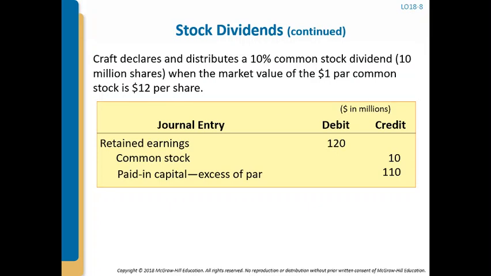So they're going to take the 10 million shares times $12 per share, 120 million, reduce retained earnings by debiting retained earnings for 120 million, credit common stock 10 million times $1 par value, or 10 million to common stock par value, and then the remainder of 110 million goes to paid in capital excess of par. But you're basically just shuffling accounts around. You're removing it from retained earnings and putting it in another equity account.